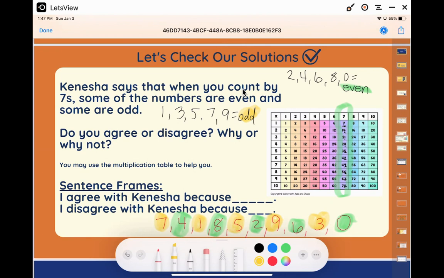We could take these numbers and put them in order, starting with 0, 1, 2, 3, 4, 5, 6, 7, 8, 9. So not only are the numbers even and odd, so Kanisha is correct. I agree with her. But I also noticed that on the 7 times tables, every even and odd digit is represented. Whew, that's a lot to think about.